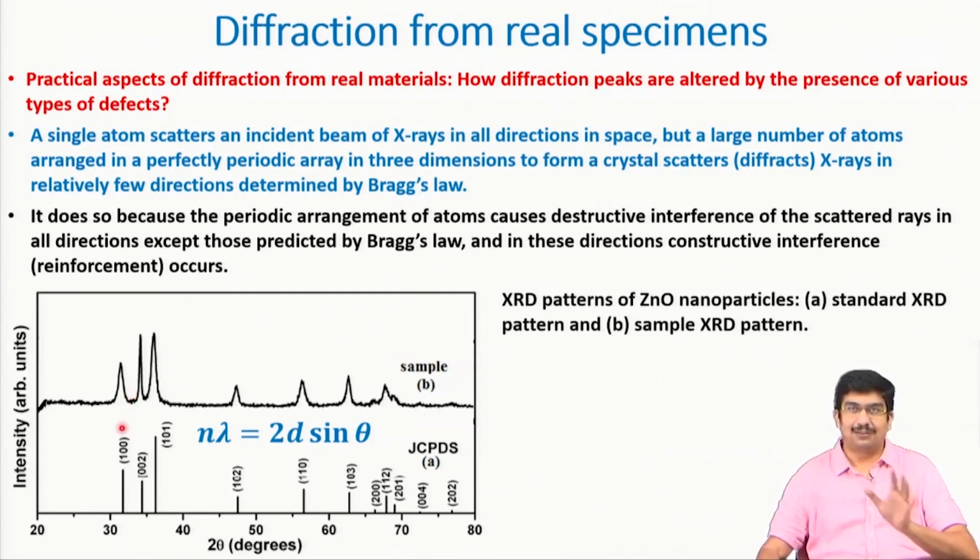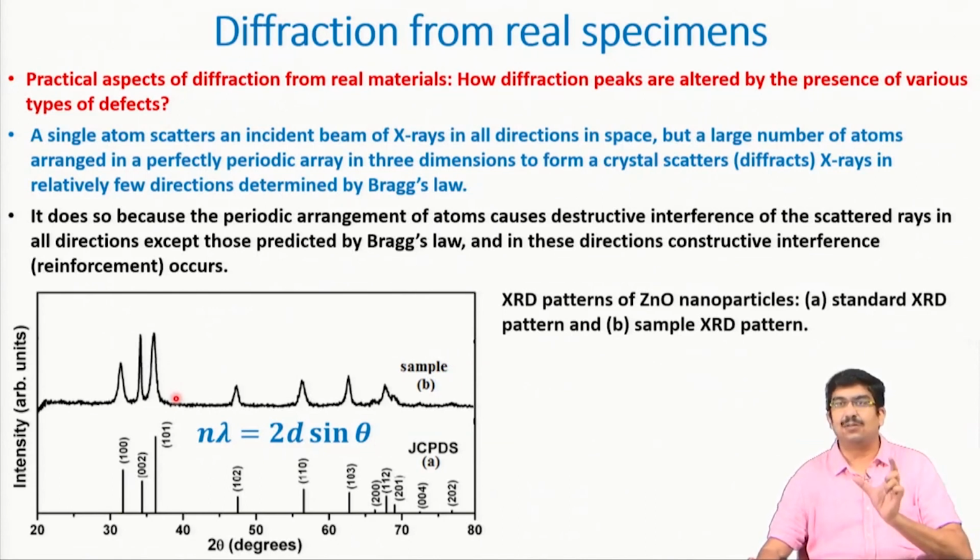If you are fortunate, you will be getting the maxima of those peaks at least in these exact positions. That also is not guaranteed, because that depends on many other things. But let us say you are very lucky, you get your maximum exactly at the 2 theta position where this one is showing. Even with that, you will see that this is not a line function. This has a certain width, this is some other kind of function, some other shape altogether.